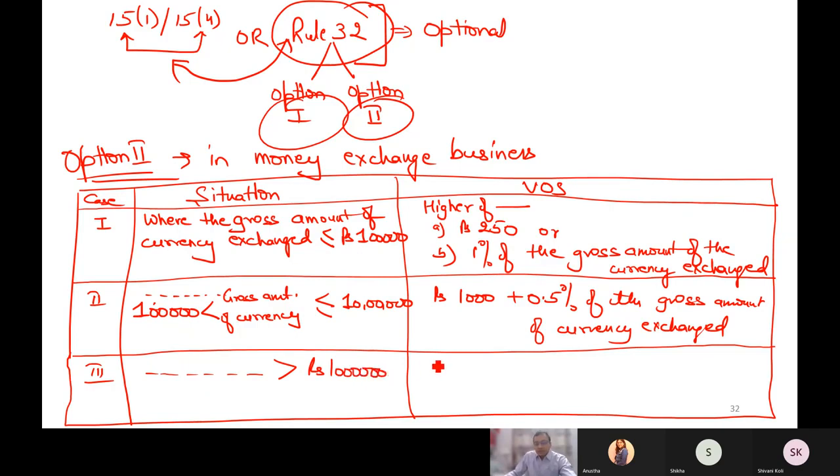The answer is the lower of the following, not higher, lower of the following: 60,000, or 1,000 rupees 5,500 plus 0.10% of the gross amount of currency exchange.